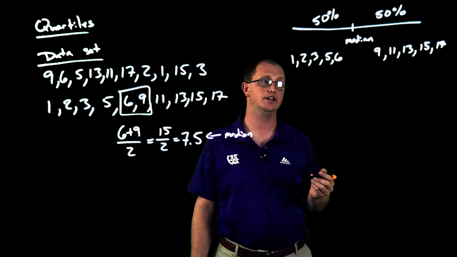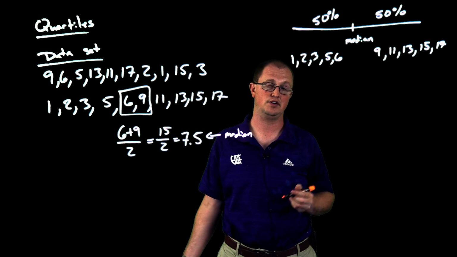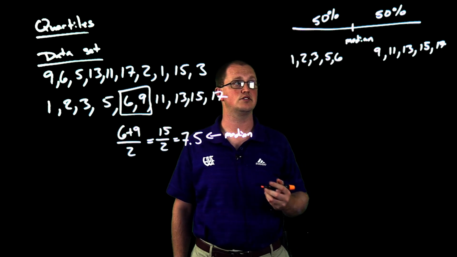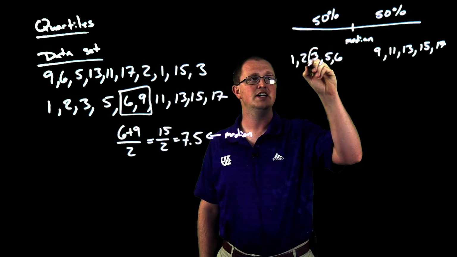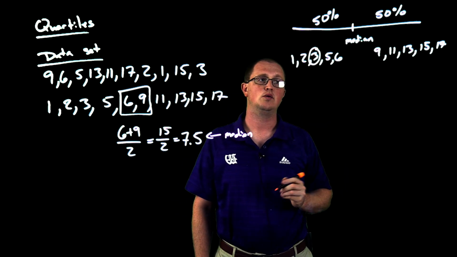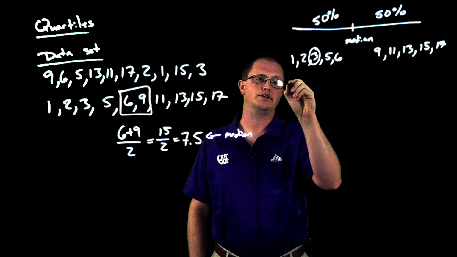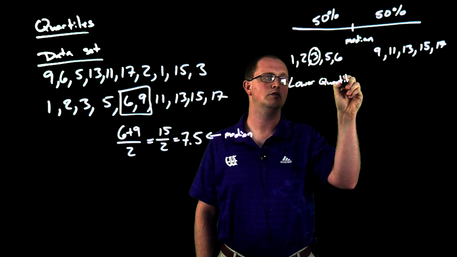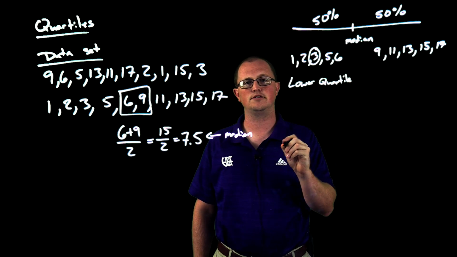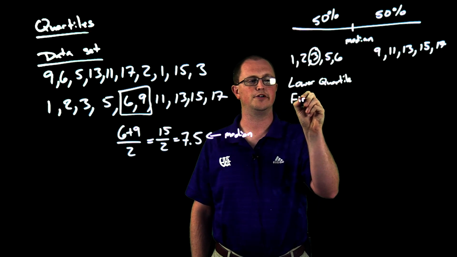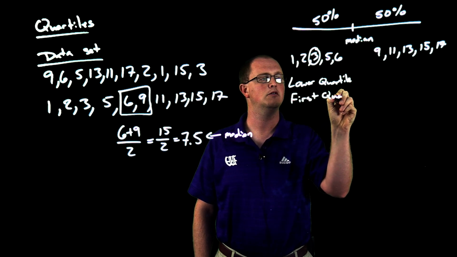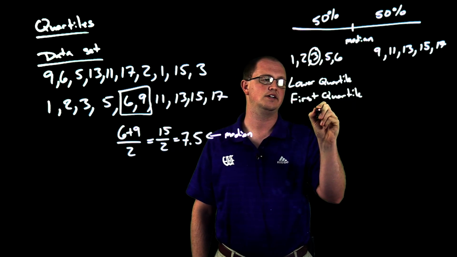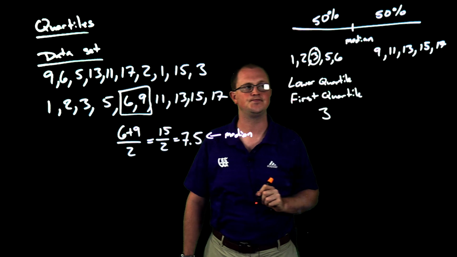So we have an odd number of data points, which means we actually have a middle value. In this case, it's the third one. And so this value right here, we're going to call the lower quartile, or this is also sometimes referred to as the first quartile. And so that is going to be the value 3.